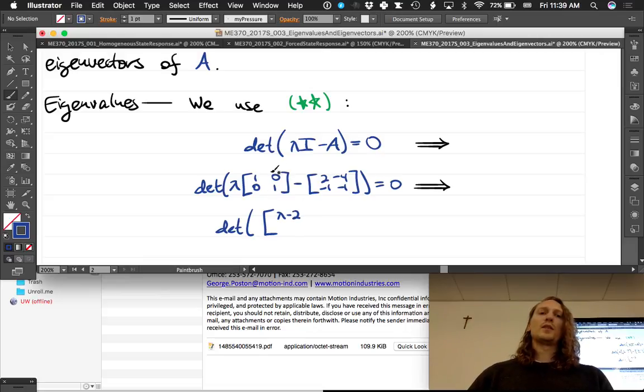The next term is 0 times lambda, which is still 0, minus negative 4, which is positive 4. Then we have lambda times 0, so 0, minus negative 1, which is positive 1. And our last term is lambda times 1, so lambda minus negative 1, which is plus 1. So lambda plus 1.